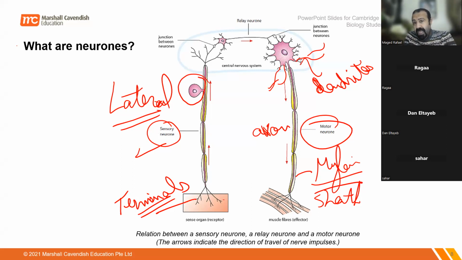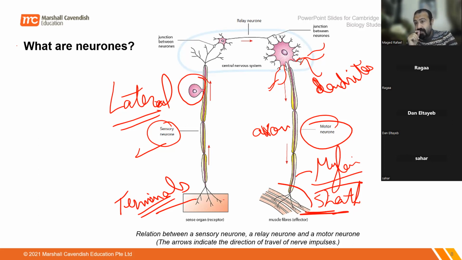The last type, the typical model of the motor neuron, has a cell body. It will take a message directly from the relay neuron, sending the message to the effector. When he comes in the exam and says label this area, and in the question he mentioned that this is a muscle, don't be that smart and write this is a muscle.